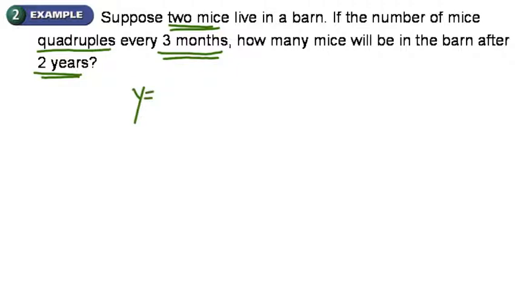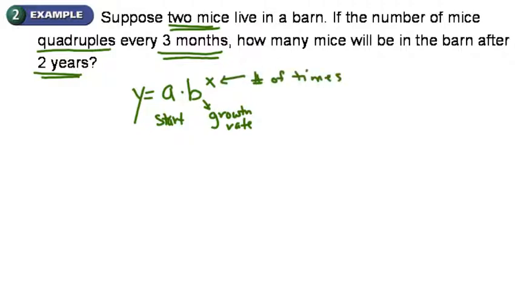We have the form y equals a times b to the x. A is what we are starting with. B is the growth rate. And x is the number of times it has quadrupled. In this case, it's quadruple.